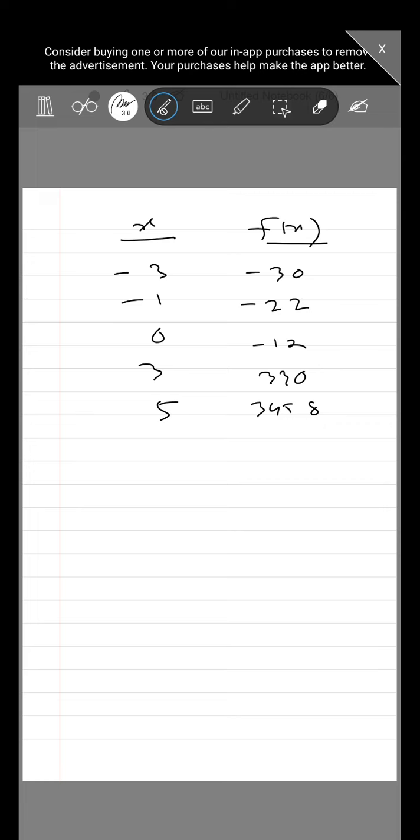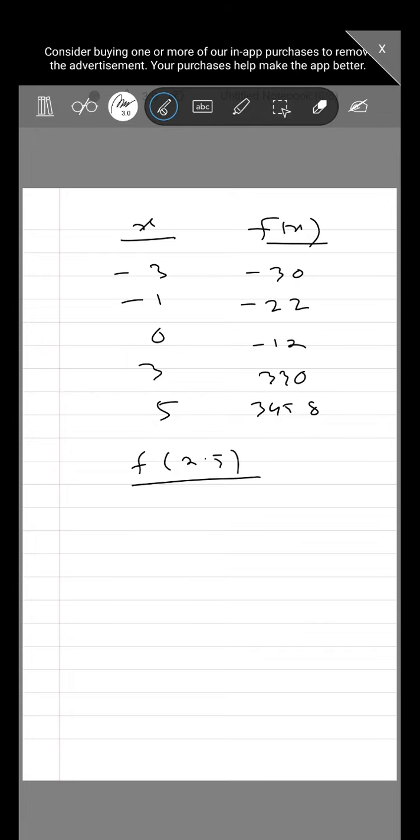And we need to fit the polynomial and find the value of f at 2.5. So this is our task. So we will write the divided difference table.